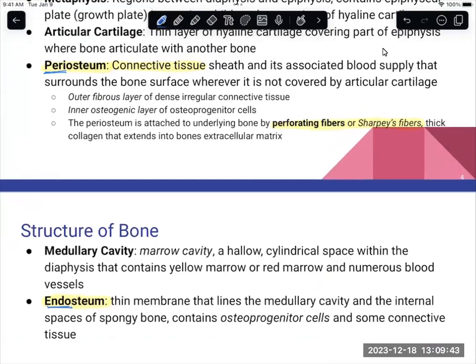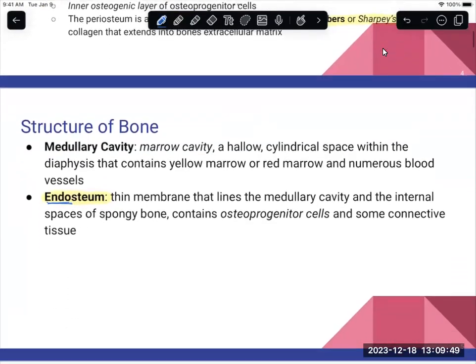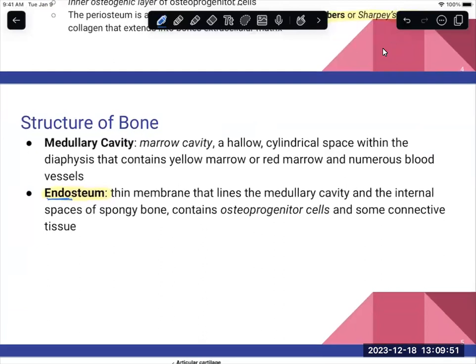Knowing that peri is more towards the outside and endo is on the inside will help later on because it'll keep coming back. We have osteoprogenitor cells in this endosteum. These are kind of like the stem cells of bone.